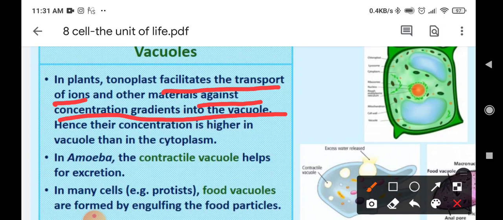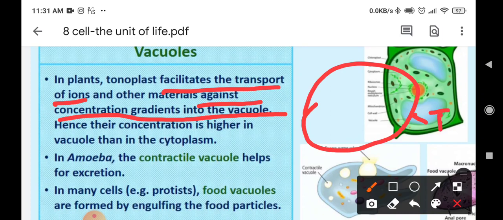So when I say against concentration gradient, it simply means, for example, this is a vacuole surrounded by a single membrane, that is tonoplast.